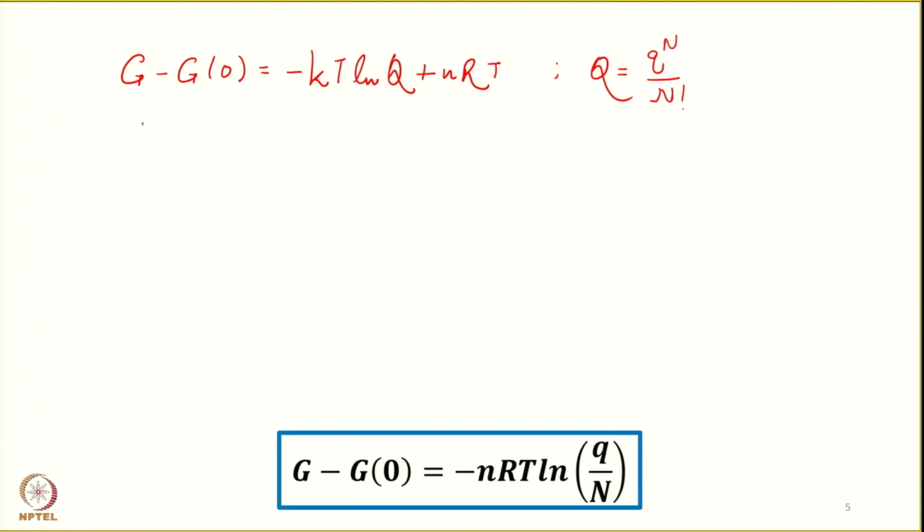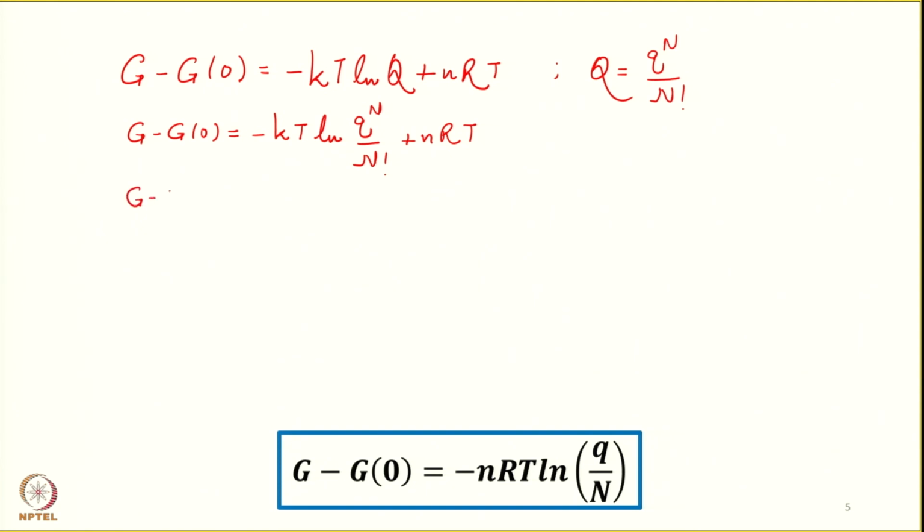Okay, let's proceed. G minus G0 is equal to minus kT log of q raised to the power N over N factorial, plus nRT.